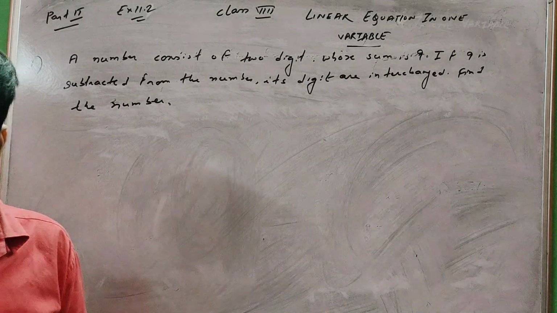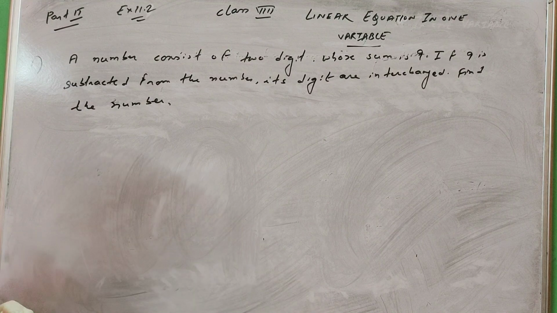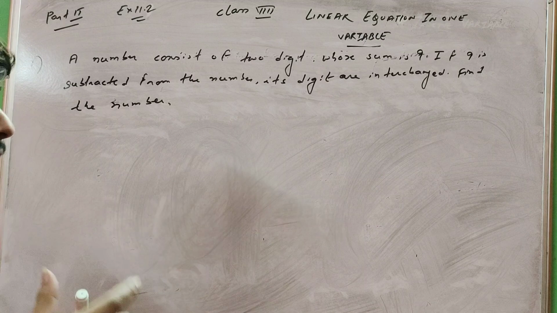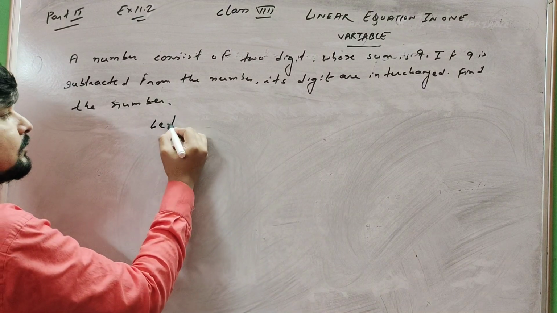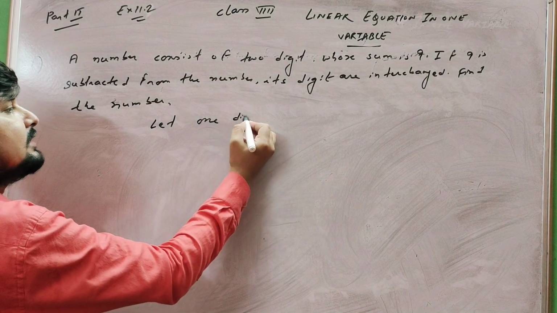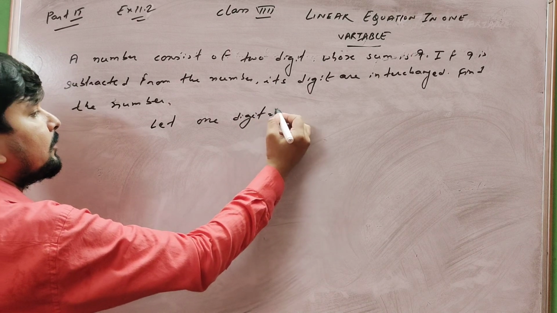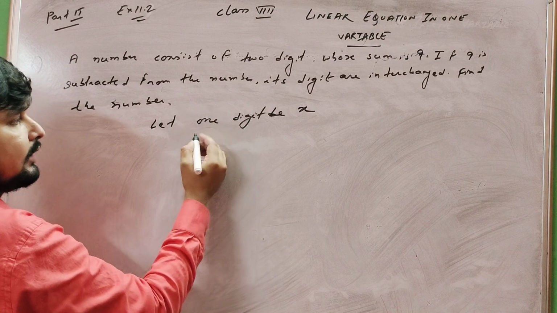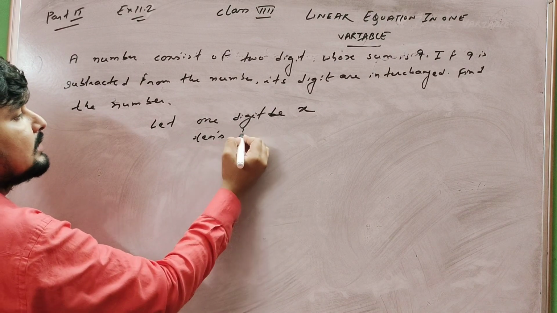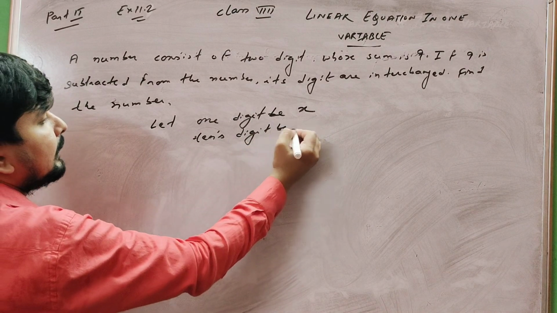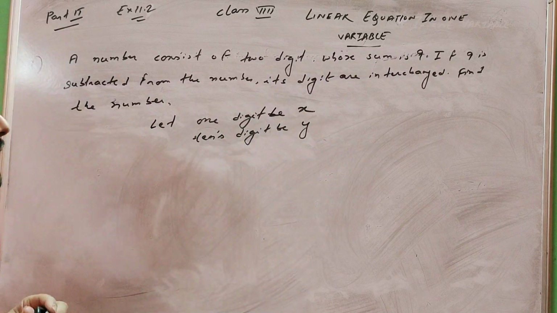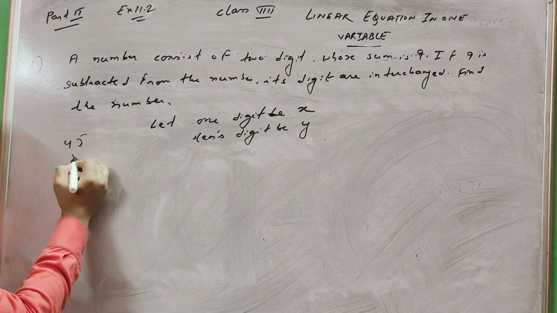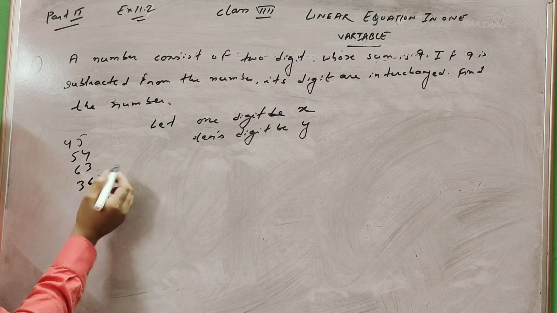First of all we check the question. A number consists of 2 digits whose sum is 9. Let the one's digit, that is the unit digit, be x, and the tens digit be y. Clear? A number consists of 2 digits like 45, 54, 63, 36, whatever.